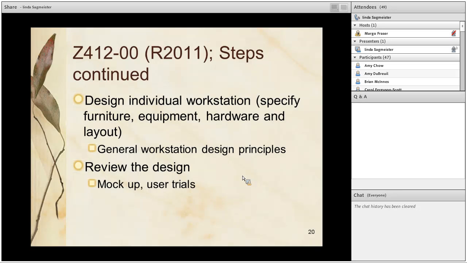to do is to review the design that you come up with. So what this section is talking about is it's encouraging employers or organizations to consider having a mock-up or a user trial to ensure that what they're actually doing is going to be effective.